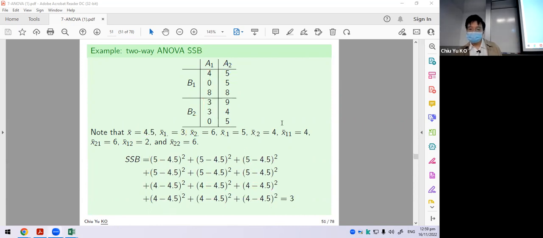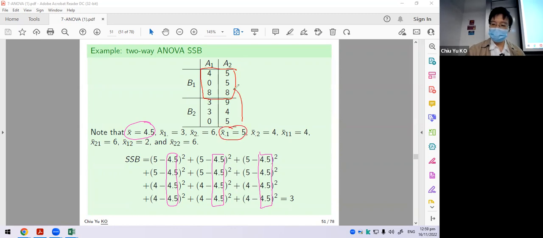And the next one will be the SSB. SSB is again the same idea. Here 4.5 is here. The only difference is that for SSB we replace this by its row average, which is 5. That's why we have 5 here, 5 here, 5 here.